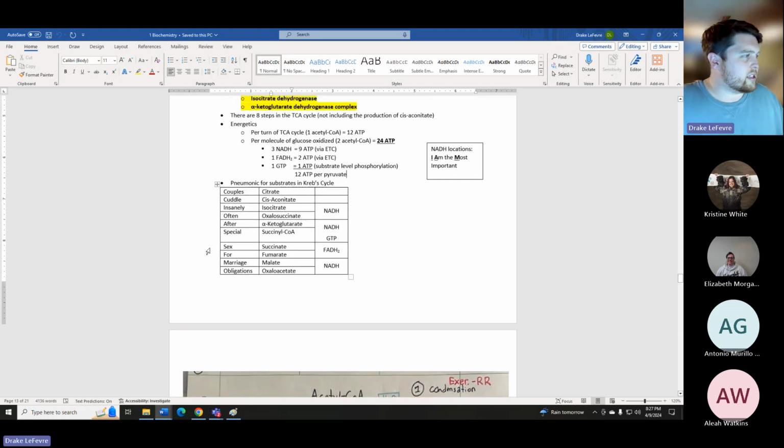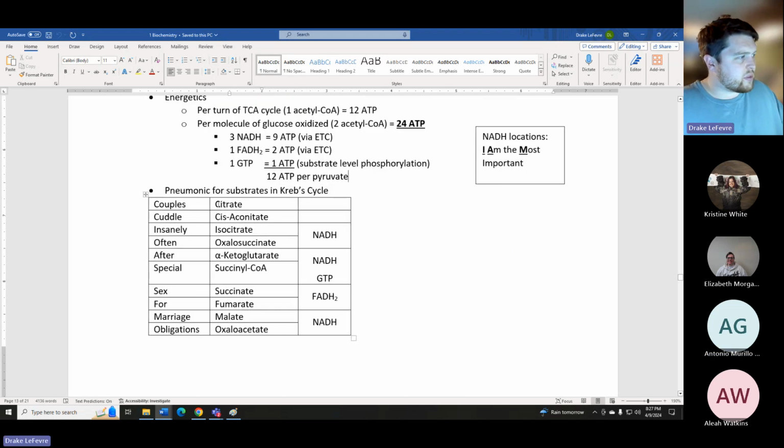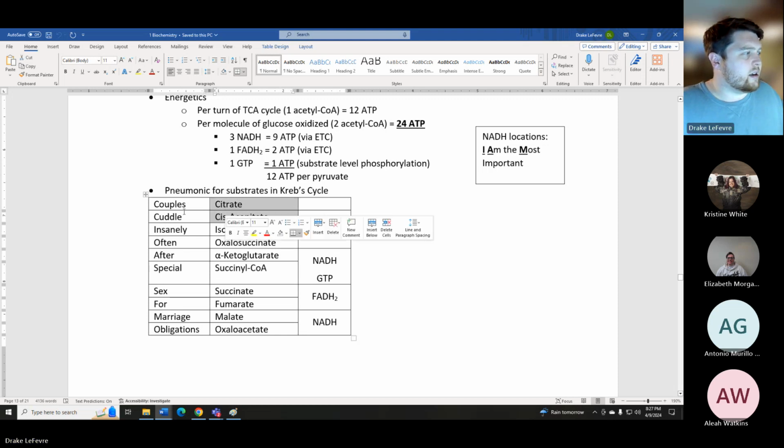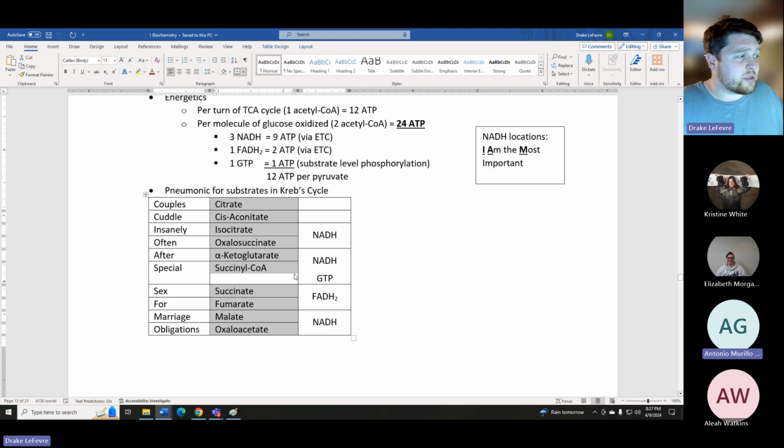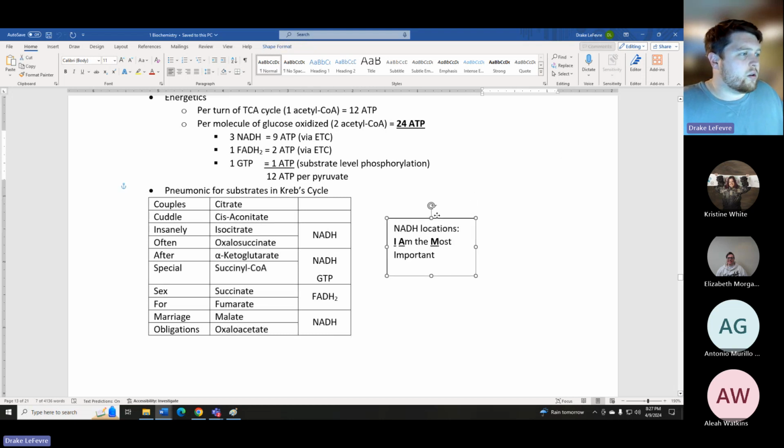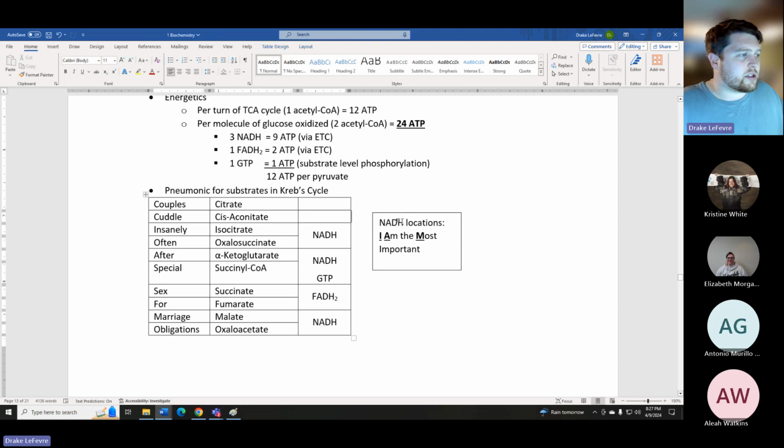Remember more the steps of it. So the mnemonic to remember this is couples cuddle insanely often after special sex for marriage obligations. And this is just one way to remember this, where if you remember all the different steps of the Krebs cycle. And then you're also going to want to remember where we have the NADH.